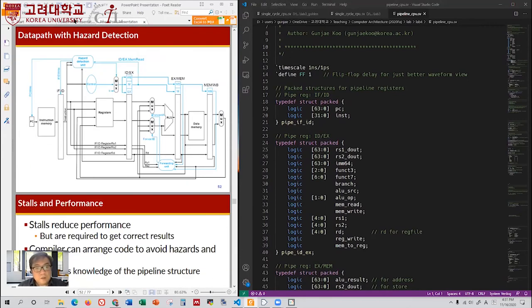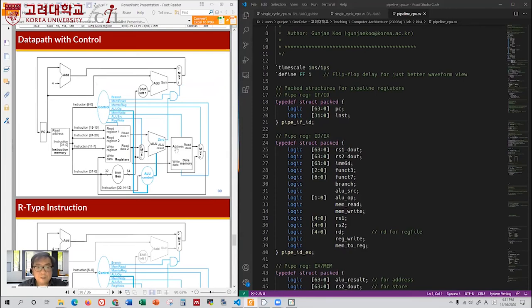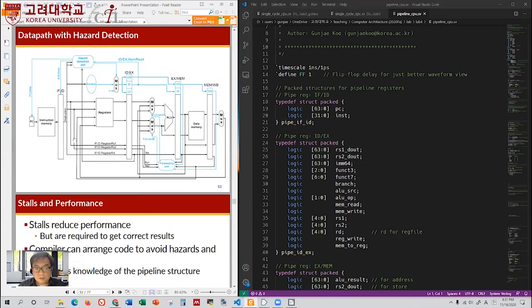In the previous lab assignment, we designed this single cycle processor. And this is the 5-stage pipeline processor. We also learned why the hazard detection unit and the data forwarding unit are required in the pipeline processor.